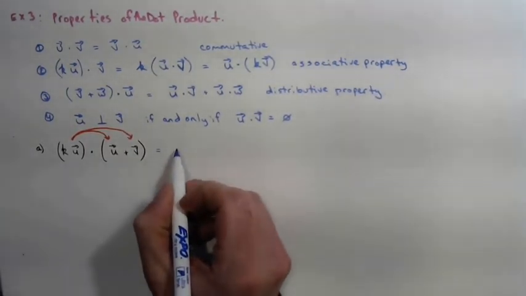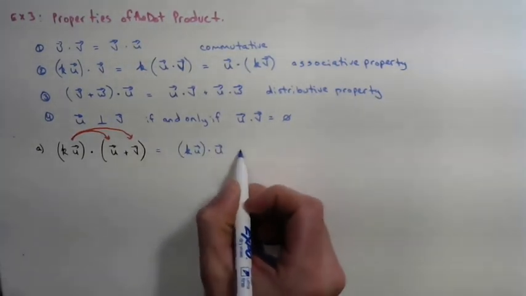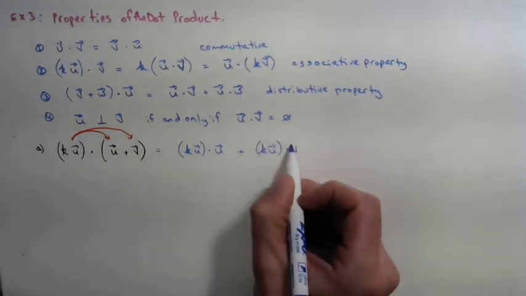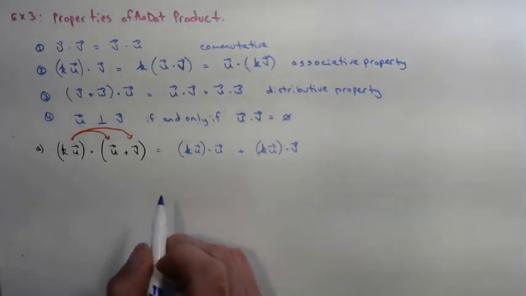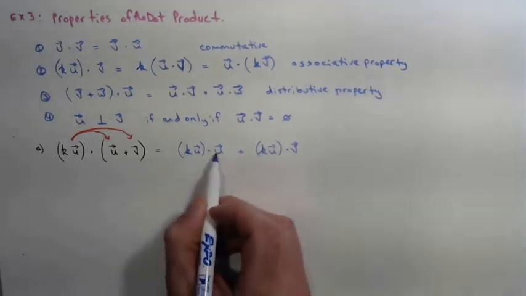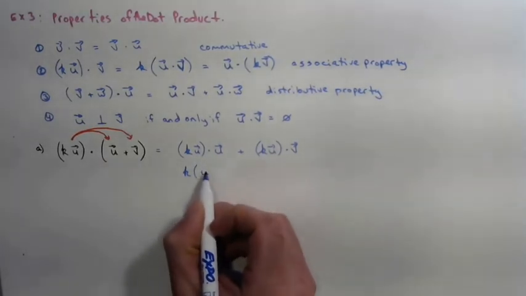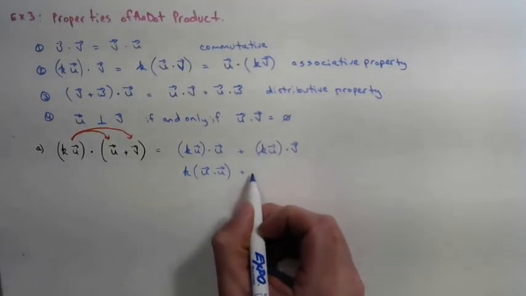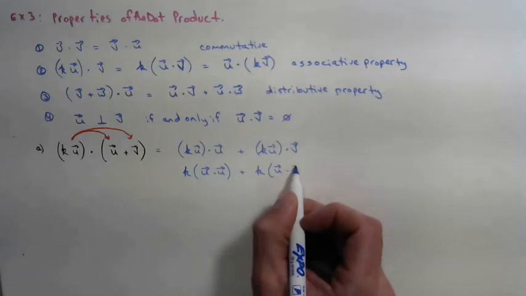We end up with ku dot u plus ku dot v. And now we can use the associative property, not to group these together, but to group our u's together. So we're going to go k times u dot u, and here we're going to go k times u dot v.